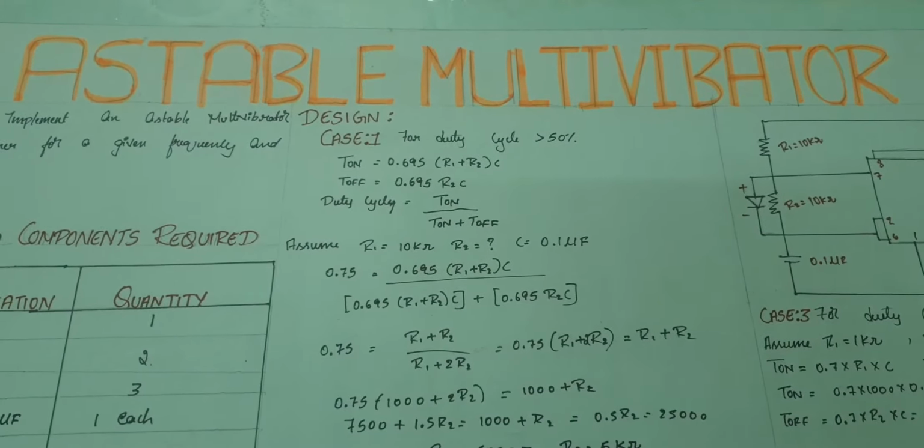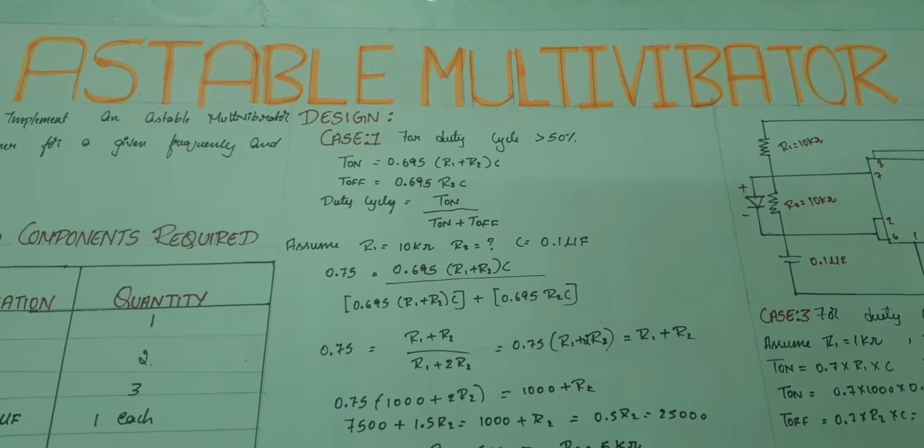So this is the output for which your duty cycle is greater than 50%, which is less than 50%, sorry. So these are all the outputs of the given circuit. Now let's go back and start deriving the design part of your astable multivibrator.